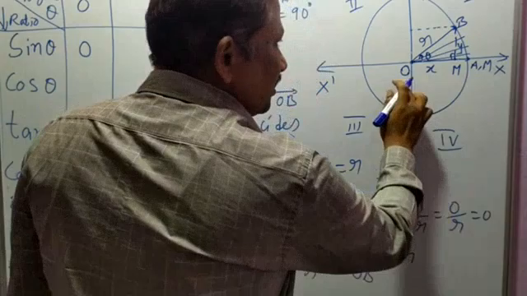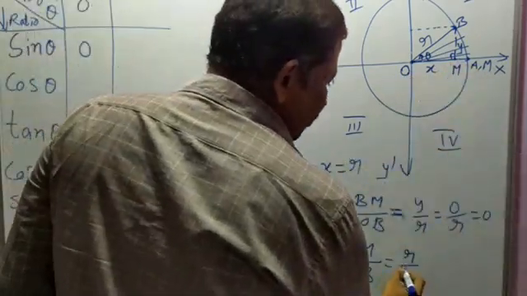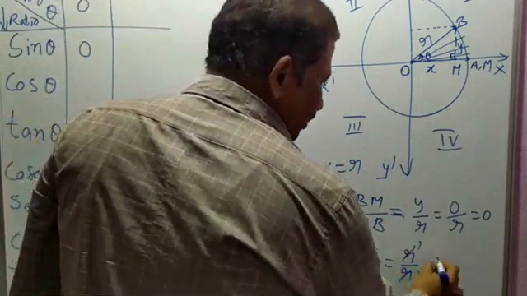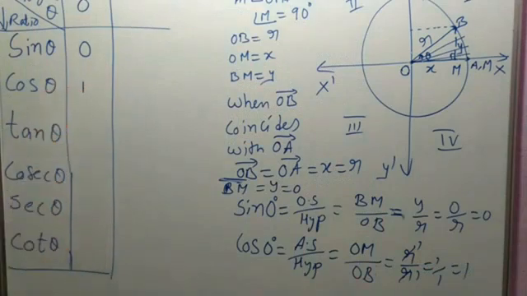This adjacent side becomes r, the radius vector, and OB is unchanged, also the radius vector. So both cancel, and you get 1 by 1, that is 1. So cos 0 degrees is 1.